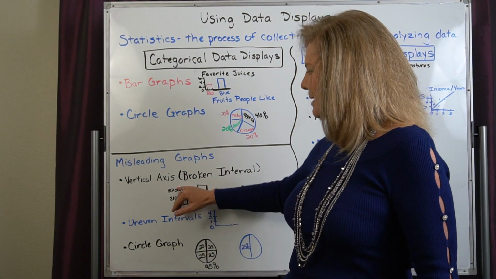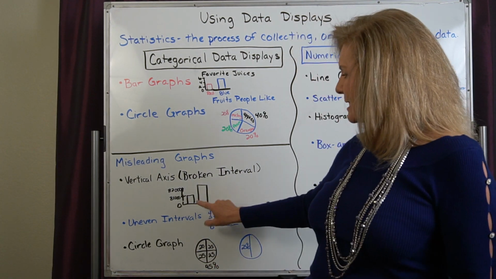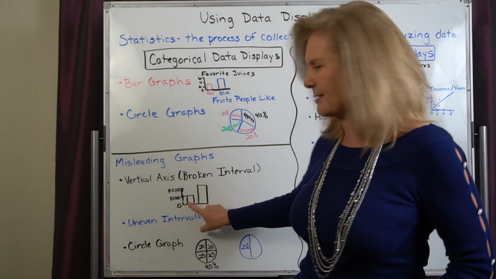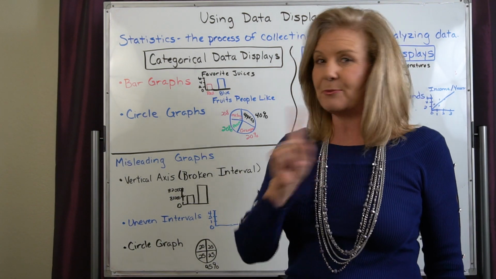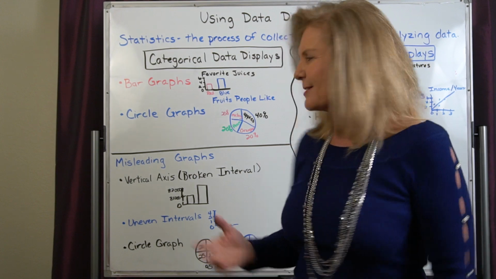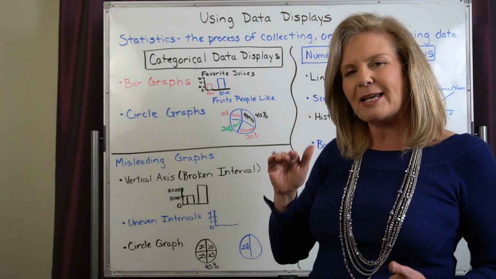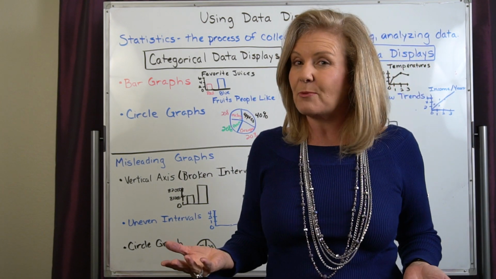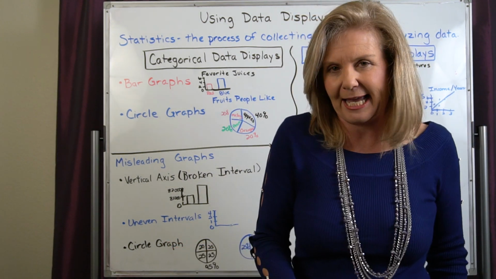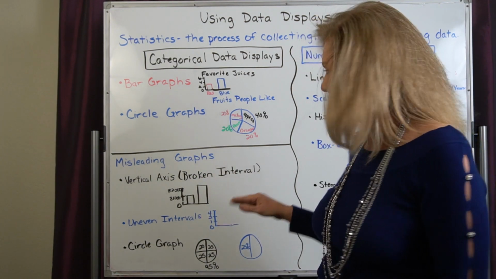But then the next number up is 82,000. And when I look at my bars, it looks like this bar is half the size of this bar. But in reality, it's only 1,000 away. So that is one way that this broken interval allowed us to think something that really wasn't happening unless we analyzed it. So we always look at the intervals to see, do they go up by a constant interval?